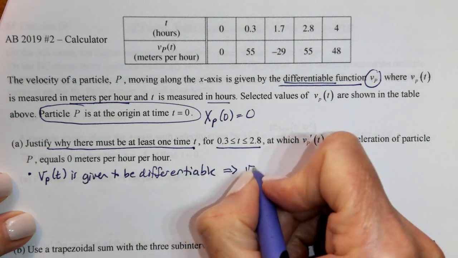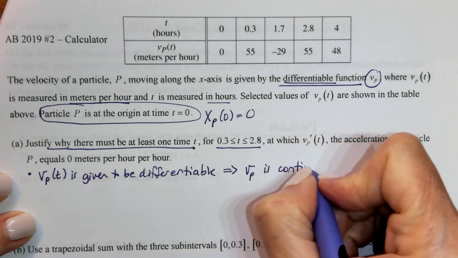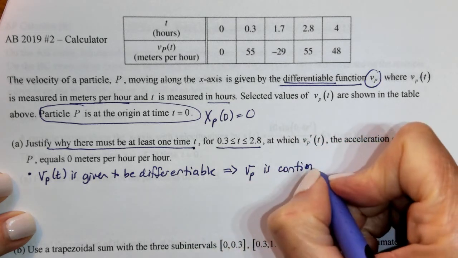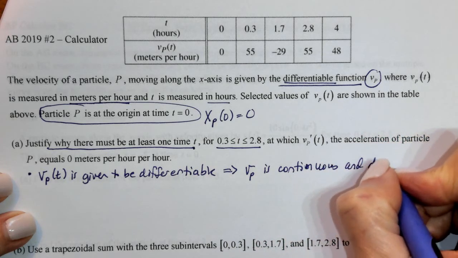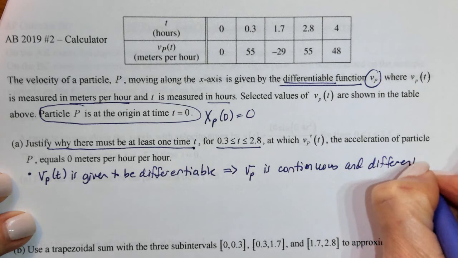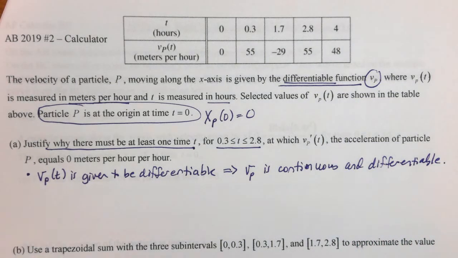If v is differentiable, it must be continuous. So v sub p is continuous and differentiable. Okay, so I got my condition out of the way.